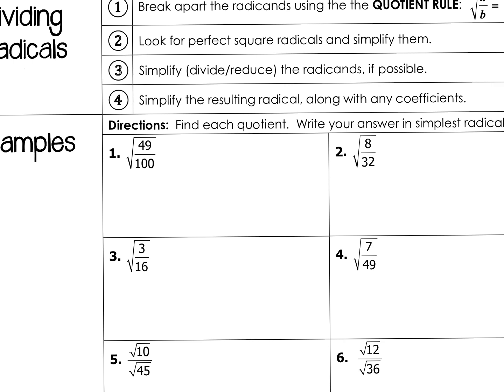If you can simplify them, simplify them. But if not, for example, the first one, 49 cannot go into 100. So you break it down to square root of 49 over square root of 100. Okay, and then you simplify each part, numerator and denominator. So square root of 49, perfect square, 7. Square root of 100, perfect square, 10.